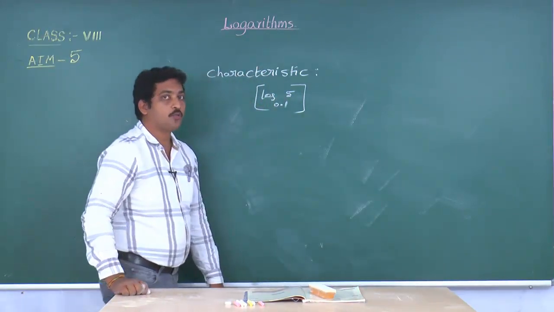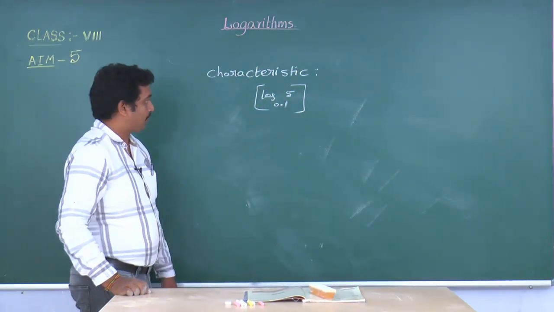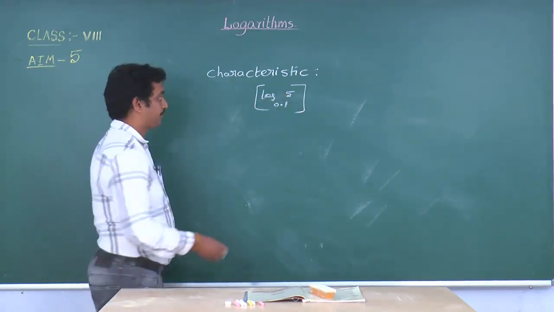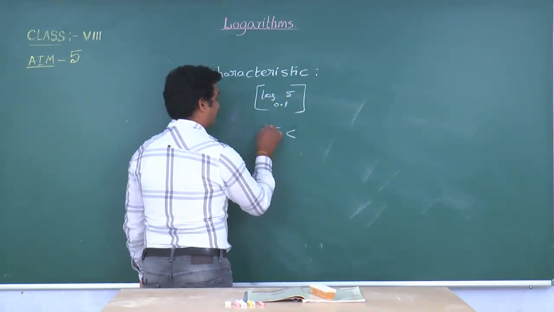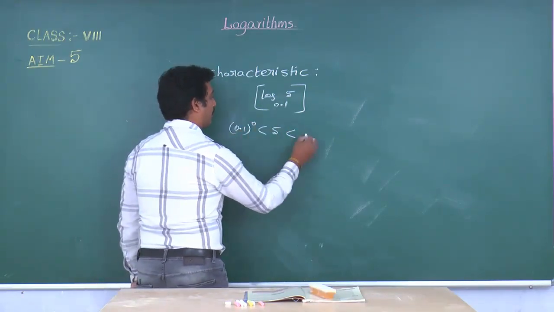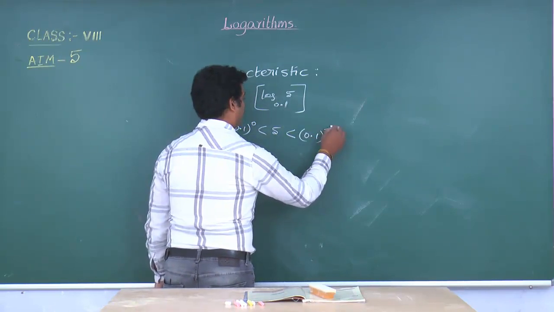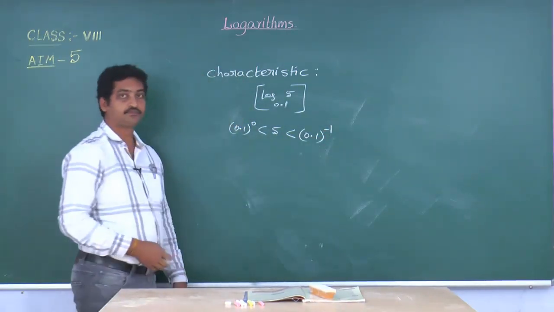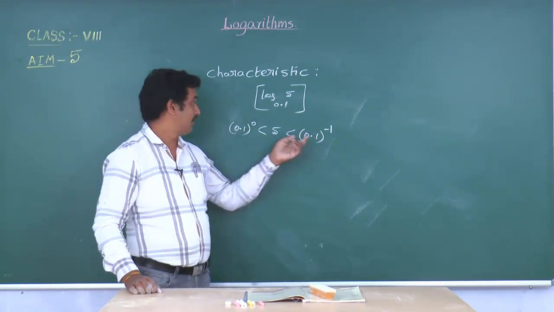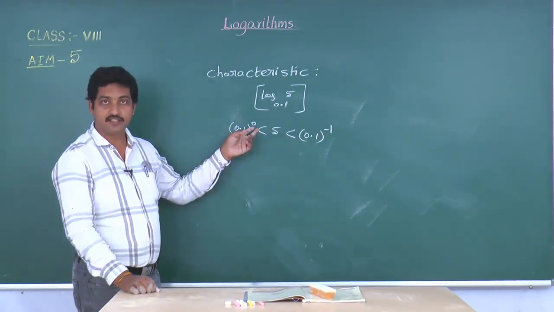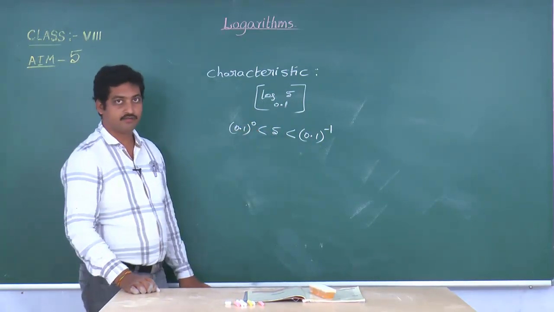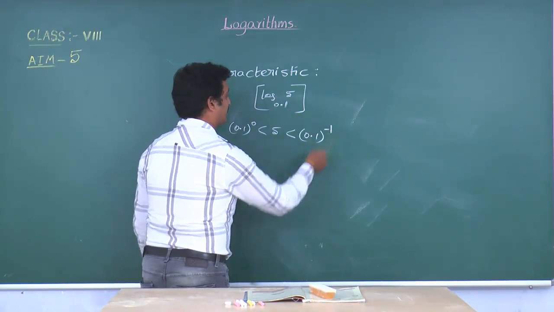In between two consecutive powers of 0.1, we have to find that 5 lies. 5 lies between 0.1 whole power 0 and 0.1 whole power minus 1. 0.1 whole power minus 1 is nothing but 10, and 0.1 whole power 0 is nothing but 1. In between 1 and 10, 5 is there. Therefore, these two are consecutive integers also.